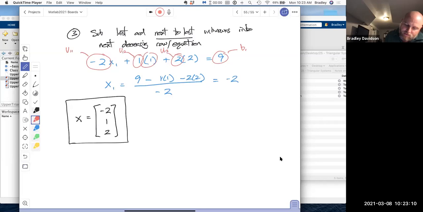Here, this is x2 and this is our x3. When we rewrite this last equation, we get x1 is equal to b1 minus u12 x2 minus u13 x3, all divided by u11.